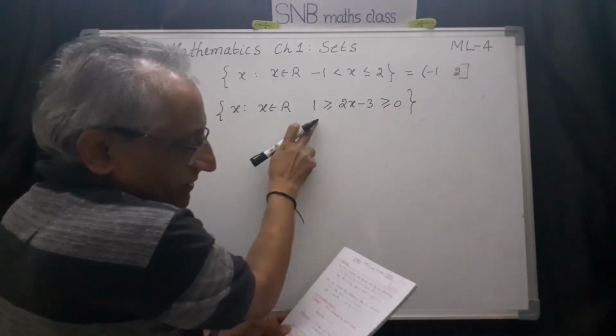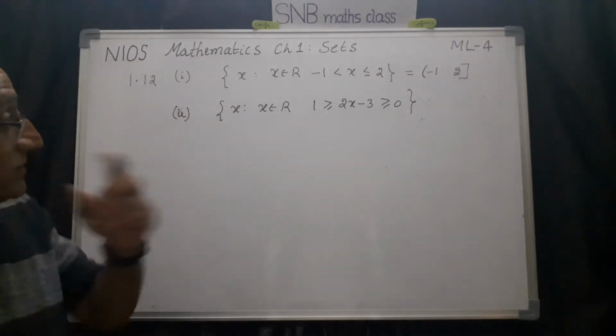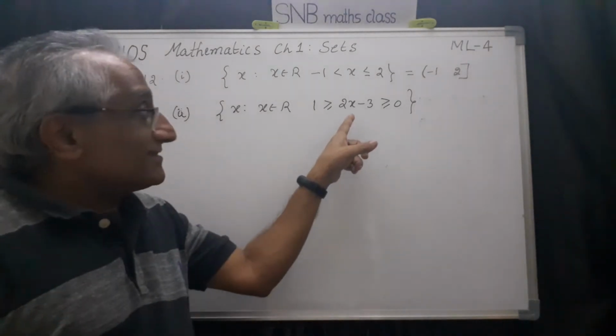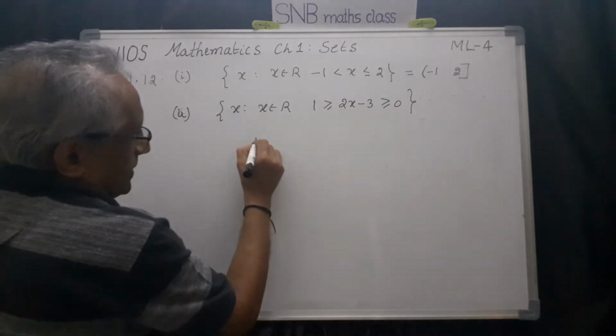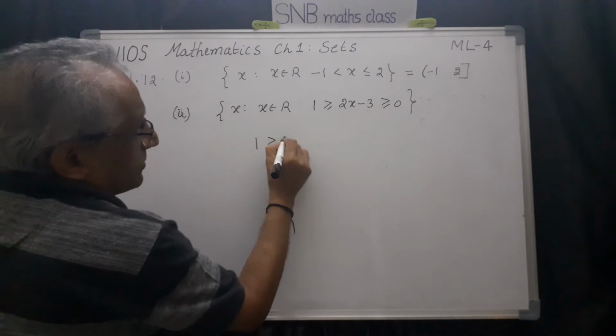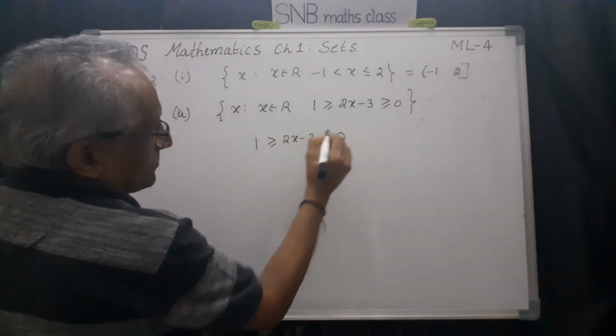Here both sides are less than or equal to. Now whenever you want to do this type of question, of course this is the first such question, see, you have to consider this one first. 1 more than or equal to 2x minus 3 more than or equal to 0.